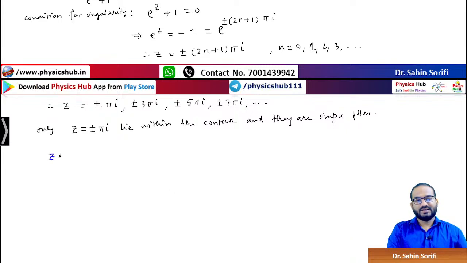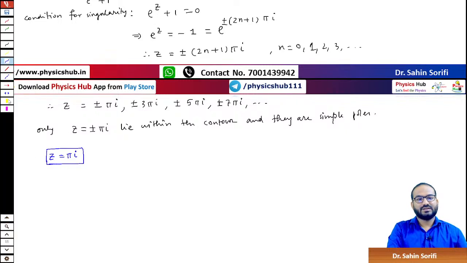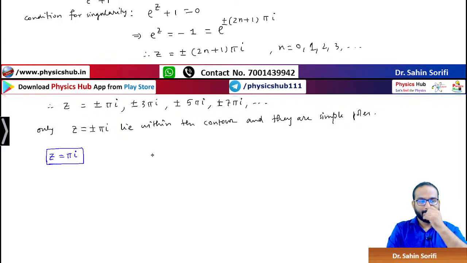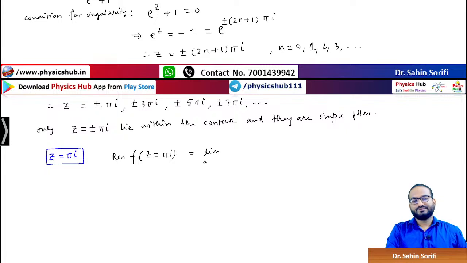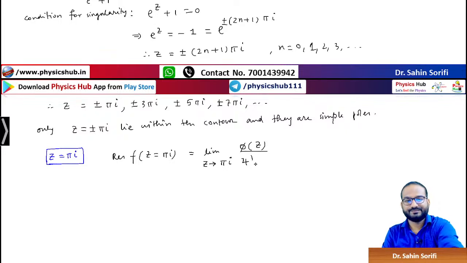So let us calculate the residue for z equals pi I. We can use this simple formula: limit z tends to pi I, phi of z by psi prime of z.